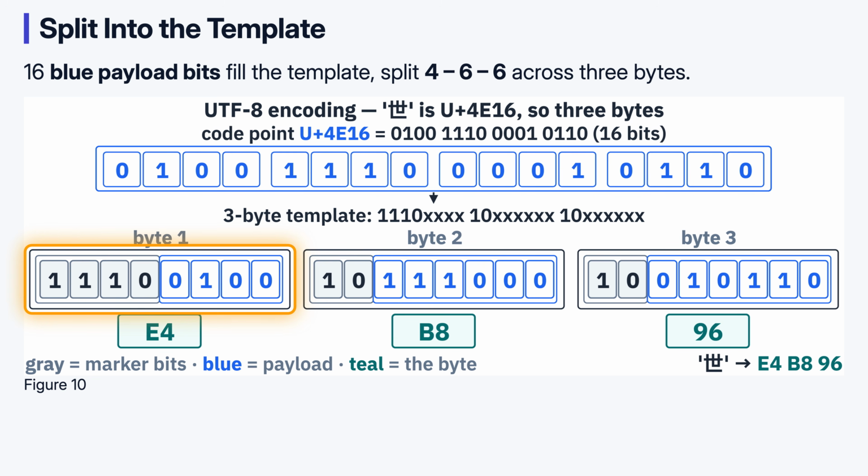The first 4 bits of the code point flow into them. Byte 2 is the marker 10, followed by 6 payload slots. The next 6 bits go here. Byte 3 is the marker 10, followed by 6 more slots. The last 6 bits fill them. Nothing is invented. The code point's own bits simply flow into the open slots.